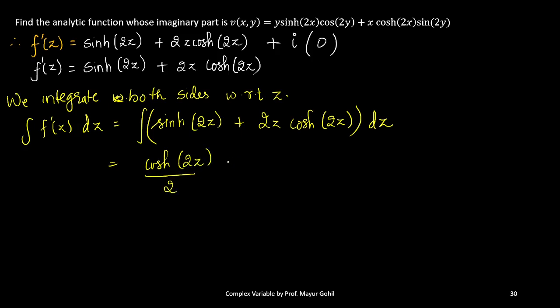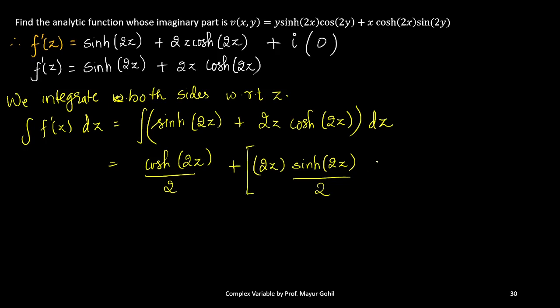And now when we integrate over here, we have to be very careful because the integration is going to use the UV rule. So what we do is 2z is constant. Integration of cos h 2z is sin h 2z divided by 2, right?